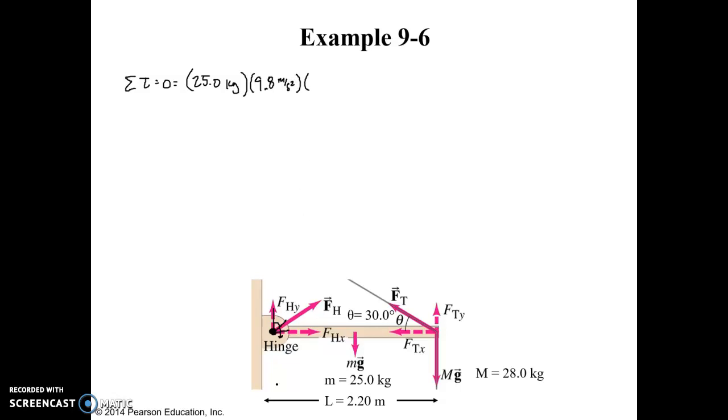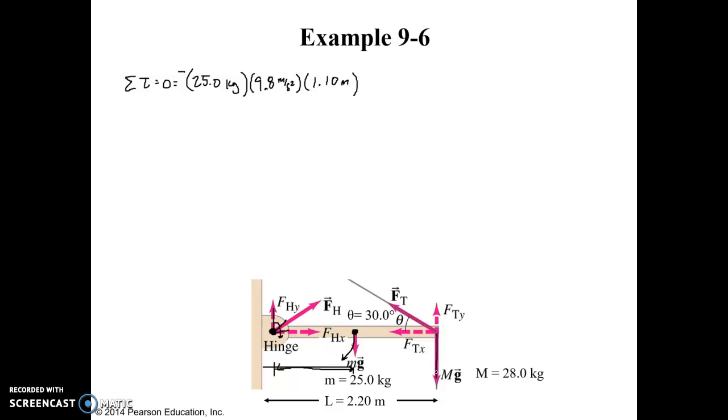And then we also have to multiply by its moment arm distance, how far from the hinge to that load. Well, the length of the beam overall is 2.2, so the center of mass or centroid of the beam is half that, so it's going to be 1.10 meters. So that's force times distance. That's the torque caused by the self-weight, and that's going to be in the clockwise direction, so we'll call that negative.